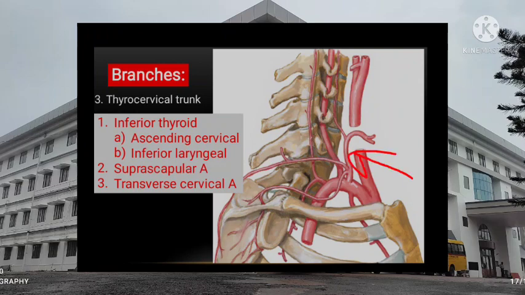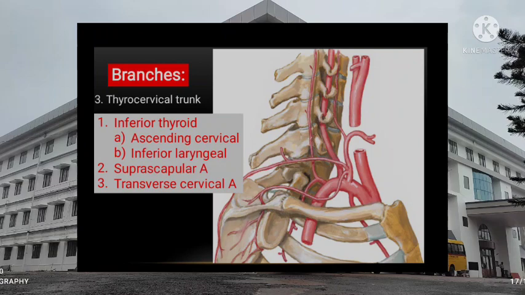The inferior thyroid artery ascends in front of the medial border of scalenus anterior and then arches medially at the level of the C7 vertebra between the vertebral vessels and the carotid sheath.